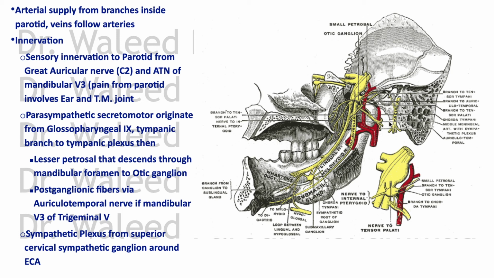A branch from the glossopharyngeal, which is the ninth cranial nerve. After it goes out from the jugular foramen, right after it goes out or at the jugular foramen, it gives a branch that will go back inside the skull but with a different foramen of its own. It's called the tympanic branch.